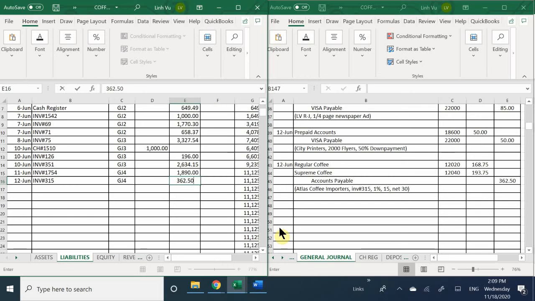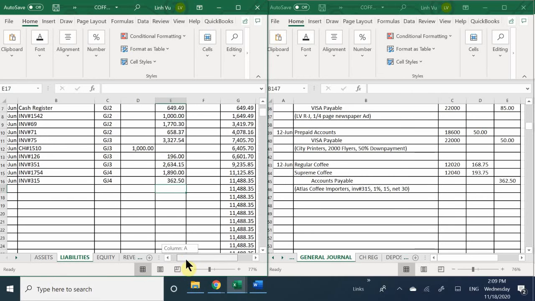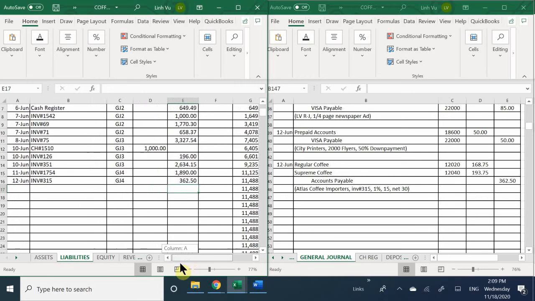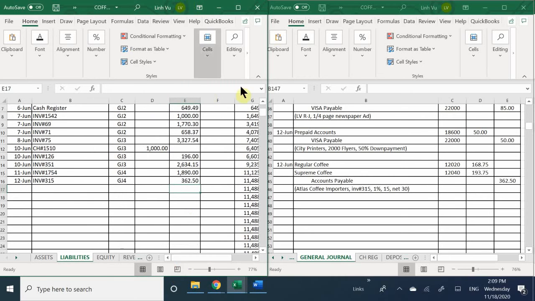Okay, which is going to bring my account balance to be $11,488.35. Yes, 11,488.35. Okay, good.